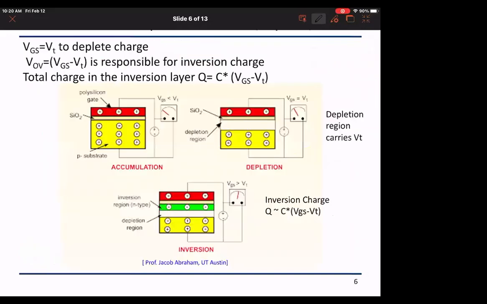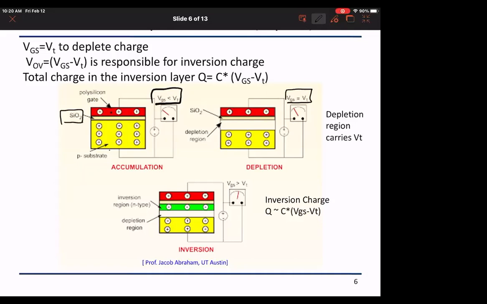So, for the last 1 or 2 minutes, basically, what we talked about last time is that if my gate voltage is less than VT, the substrate will remain with holes. So here I have the insulator, this is the gate and this is the substrate. If I apply VGS equal to VT, by the strict definition, I would have fully depleted my region of holes.